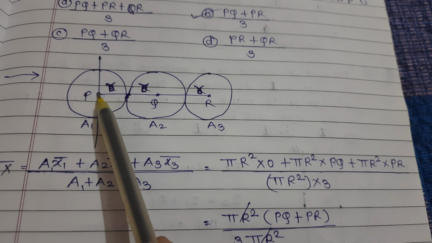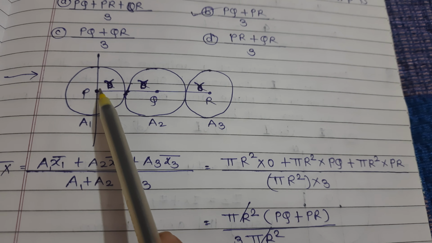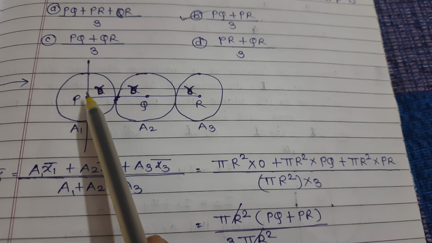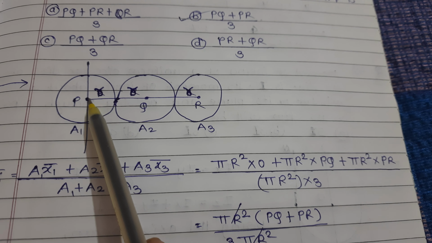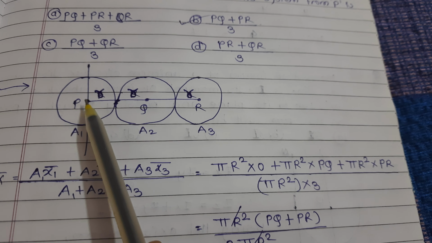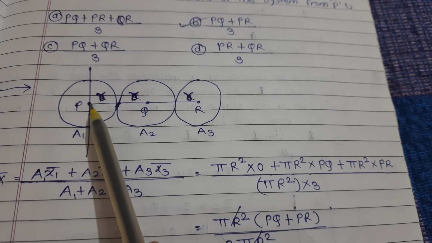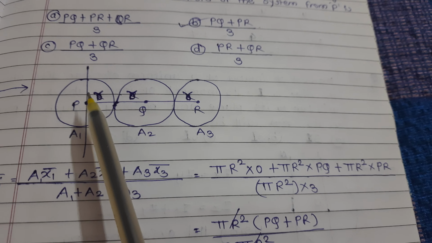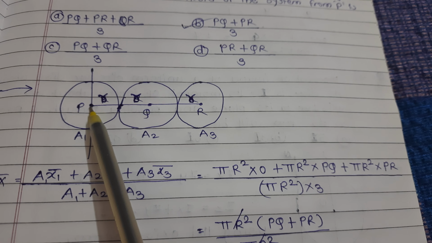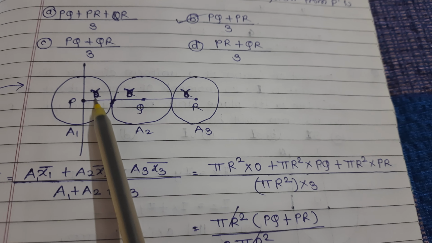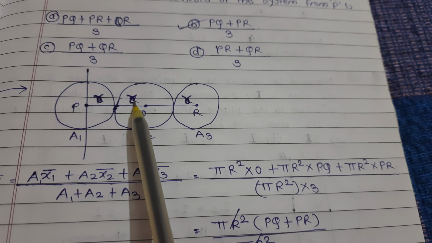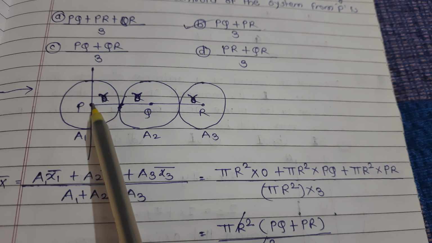Because the centroid of this circle lies here, and its distance from the y bar and x bar axes is 0, because the circle is symmetrical about the x axis and y axis, hence its centroid lies on the intersection of these two axes. But for the second figure, x2 bar is this r plus this r, meaning PQ.